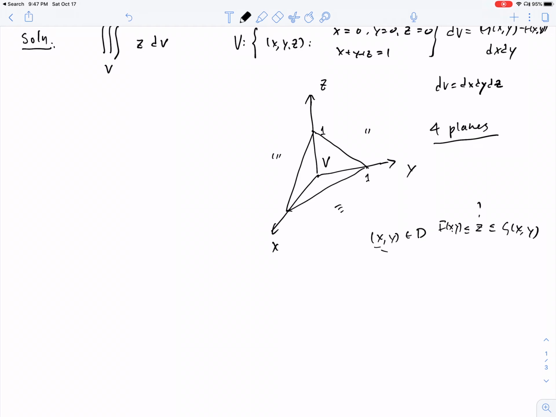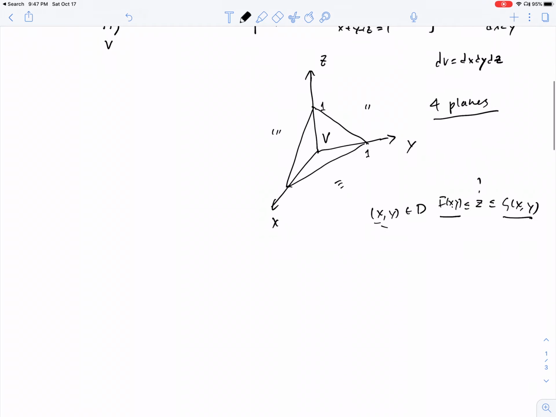So we try to see if we can find a domain so that the solid is bounded by a roof and a floor. And by looking at this one over here, we see the floor over here is z equal to 0. Okay.